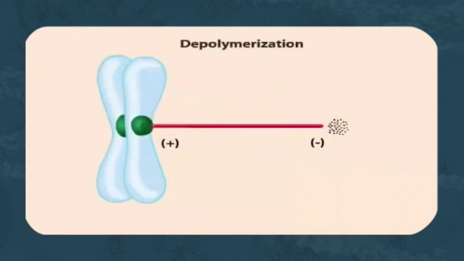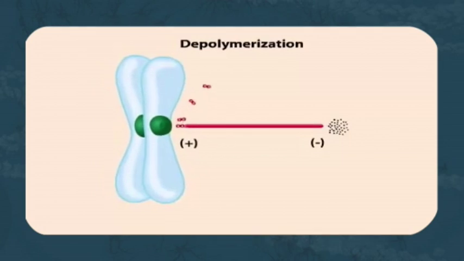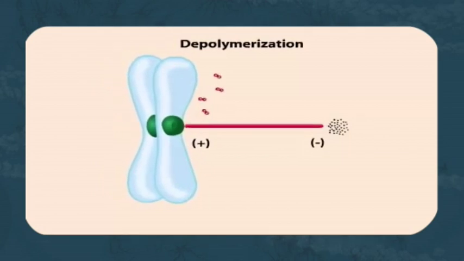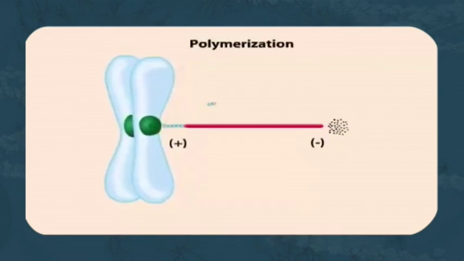Once captured, a combination of two mechanisms is thought to generate the alignment of chromosomes. First, polymerization and depolymerization of microtubules can push or pull the chromosome.